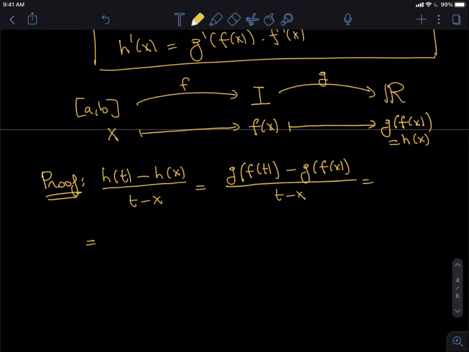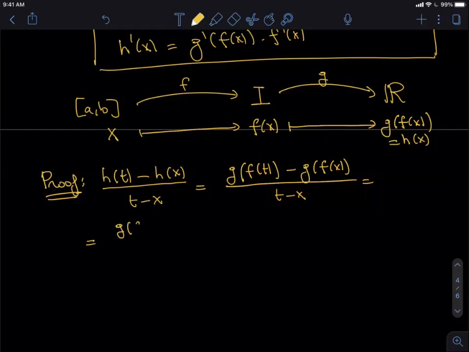And here, you see, there is a mismatch: inside g we have f of t, f of x. Okay, but we are dividing by t minus x, so it doesn't quite match the information we have on the derivatives of g and f separately.